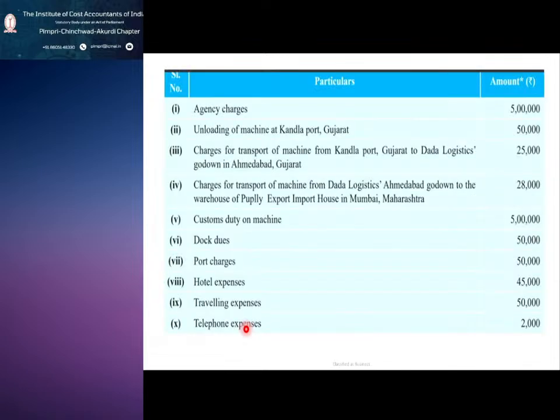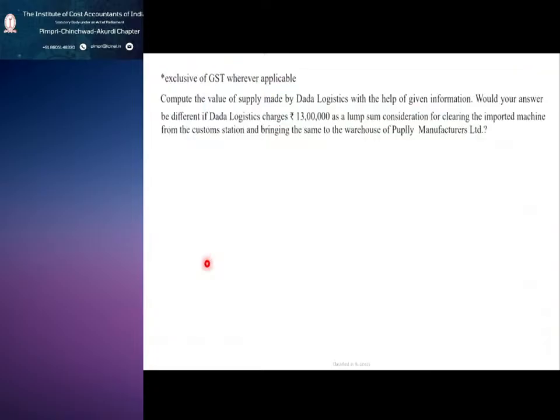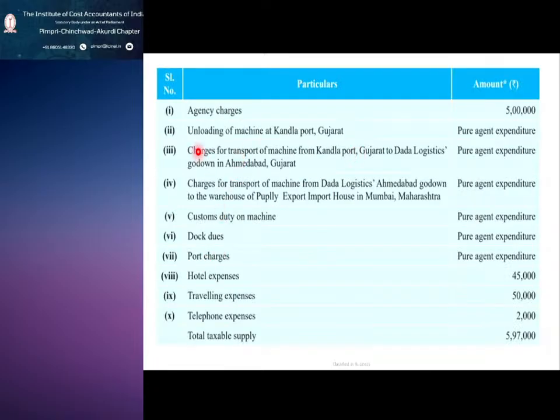In the same way, in this particular question, there are agency charges, unloading of machine, charges for transport, and other transport, customs duty, dock dues, port charges. These last three we have seen in the previous problem also, the pure agent expenditure.